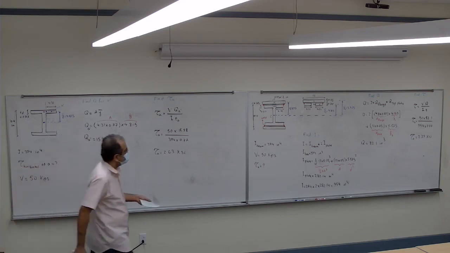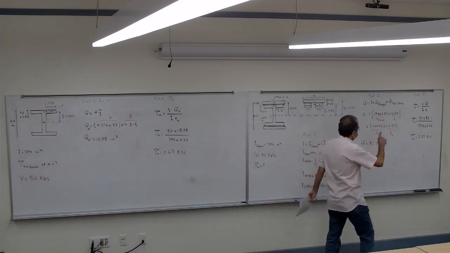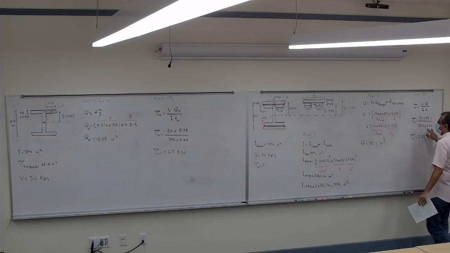Sorry. Here, how much would be the T? Would the thickness be 0.77 plus 0.75? No. Look at how we cut it.